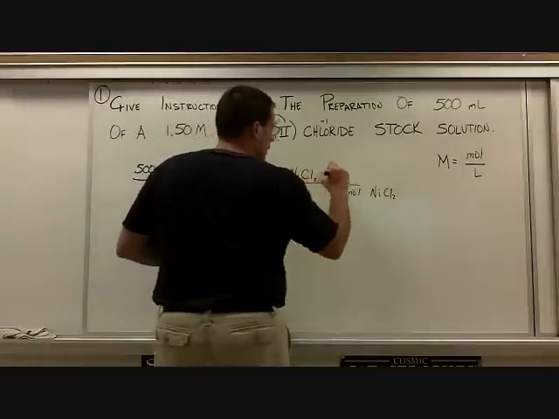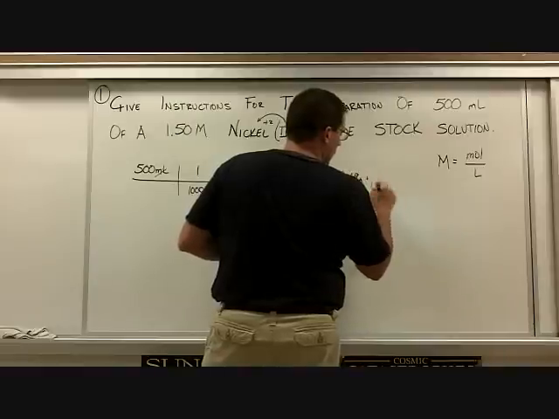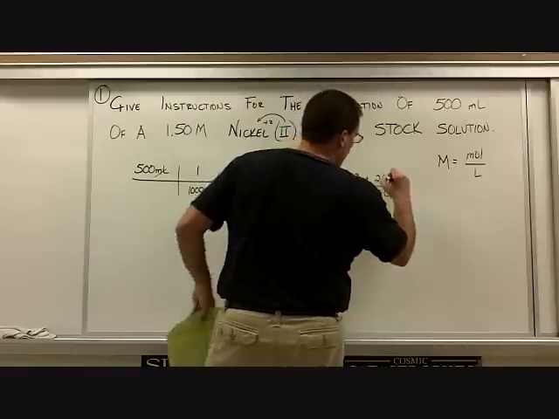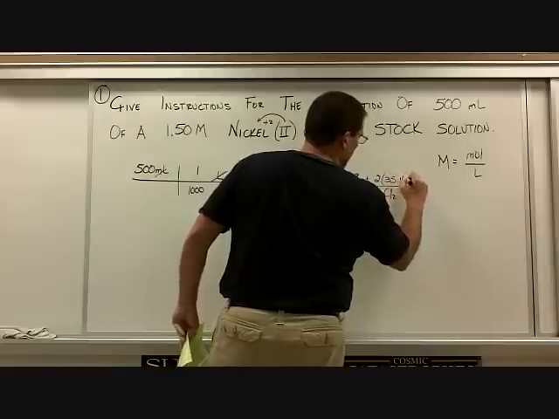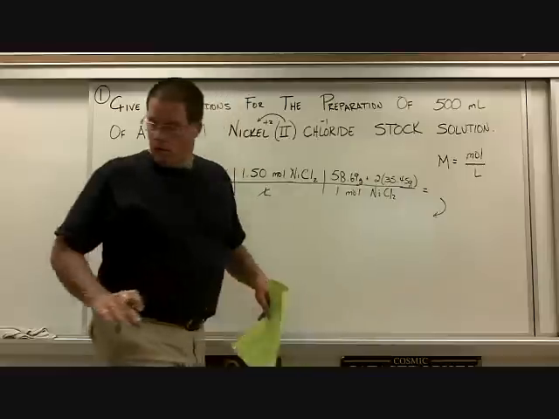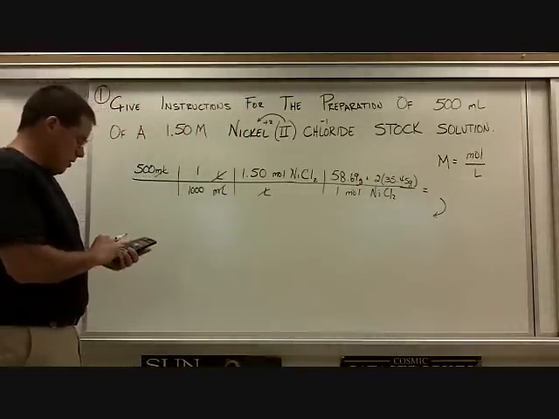Nickel is 58.69 grams for every mole. And we have 2 chlorines, which is 35.45 grams. So when we add all that up, that'll tell us how many grams Samuel needs to measure out.